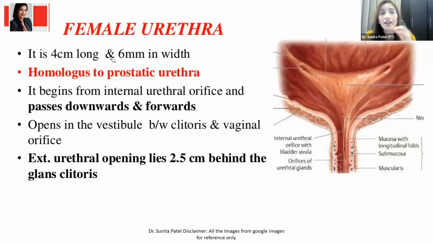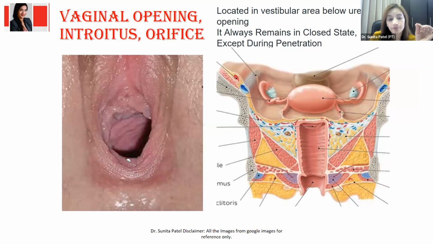The female urethral length is very small, around 3 to 4 centimeters long only, and 5 to 6 mm wide. It has two openings: one towards the bladder, and one into the vestibular opening. So we can sometimes see that urethral opening in the vestibule.